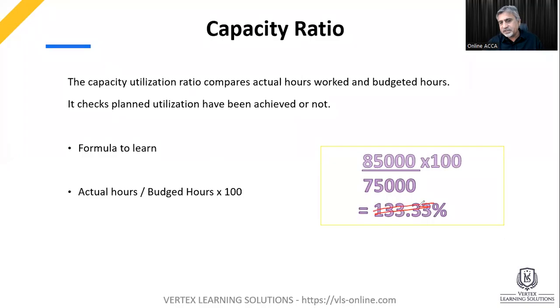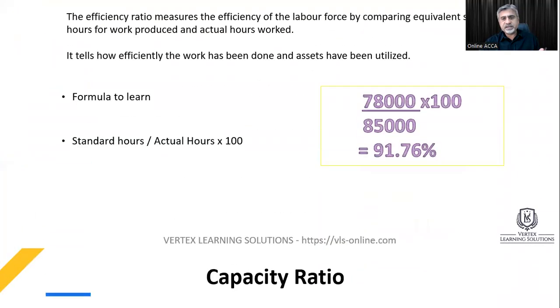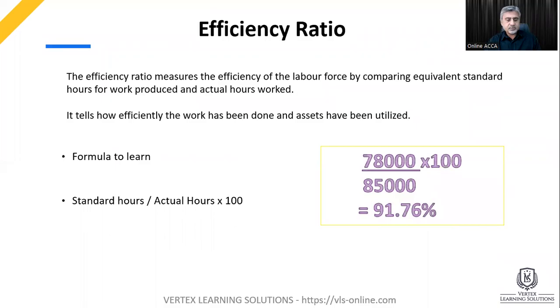It is not 133, it should be 113.33. So that's why the answer was not coming. When you calculate 85 by 75, it should not be 133. Instead, it should be 113.33. So that's a typing mistake. Let me check the other one also, because the answer should always come the same. 78,000 divided by 85,000 into 100.